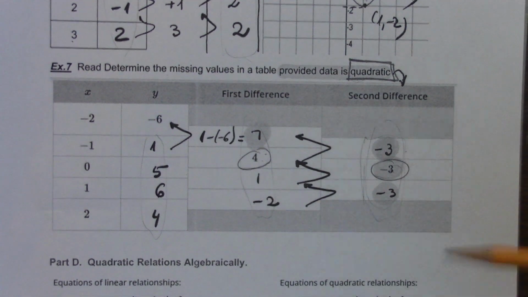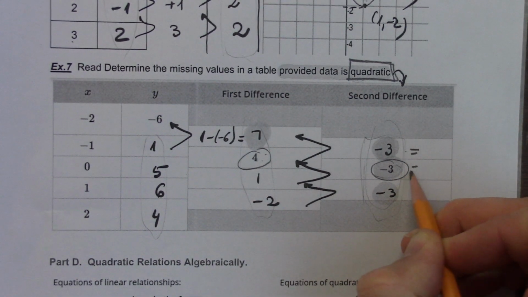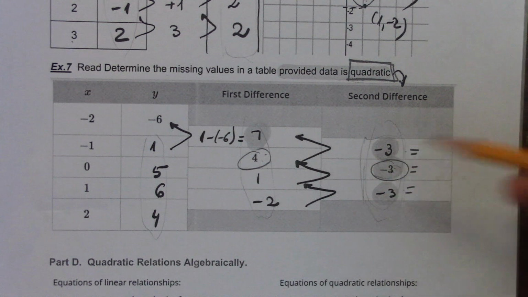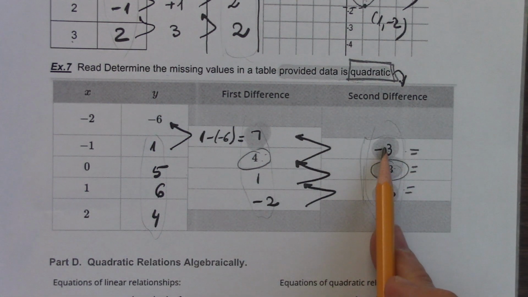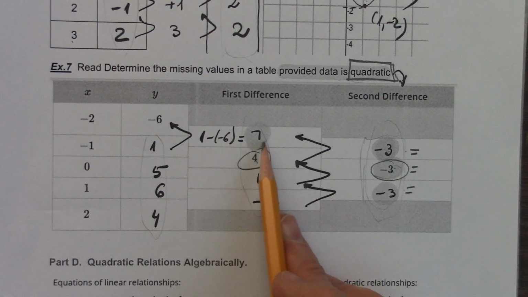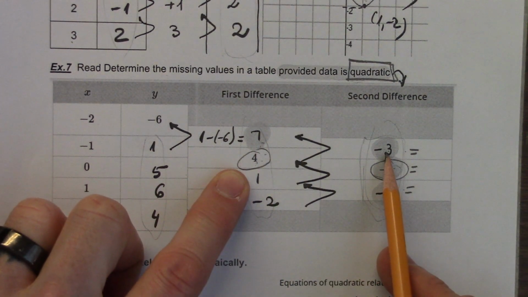If it's telling us it's quadratic, I know that all of these values have to be equal. Does that make sense? Okay, so I can populate -3, -3, -3. Well, if I know that this is now -3 and I have a 4 here, then I can determine what do I have to have this number to be for this to be a -3.